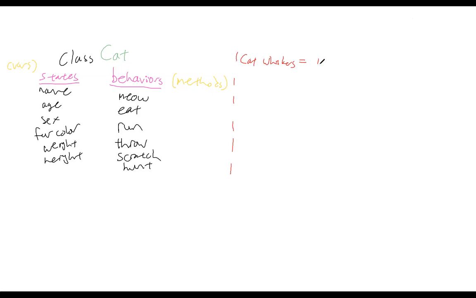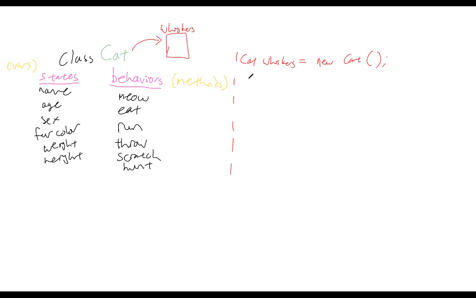Yeah, new cat. We'll get to constructors in just a minute, but for now we're just going to talk big picture. When I create whiskers, we have a new instance of this class cat. We have a new instance of all of these states and behaviors inside of this instance that we've named whiskers.